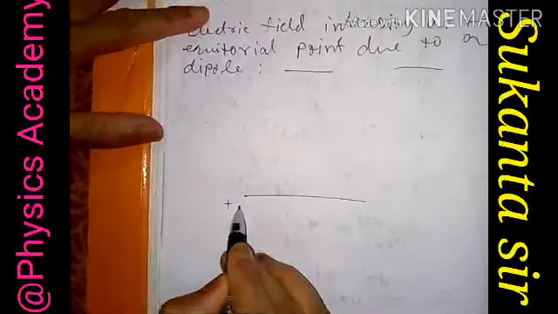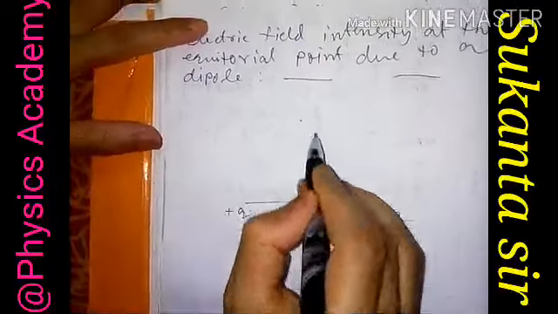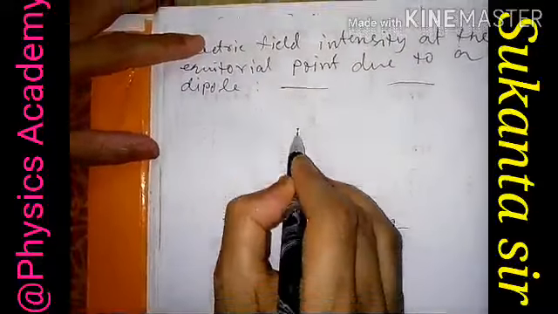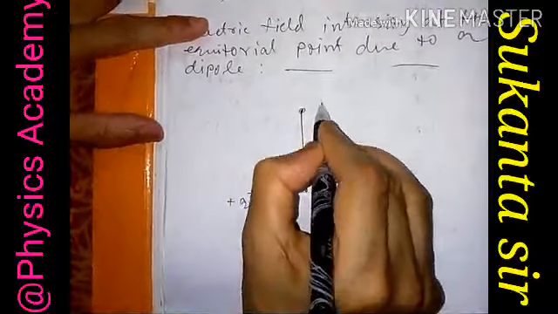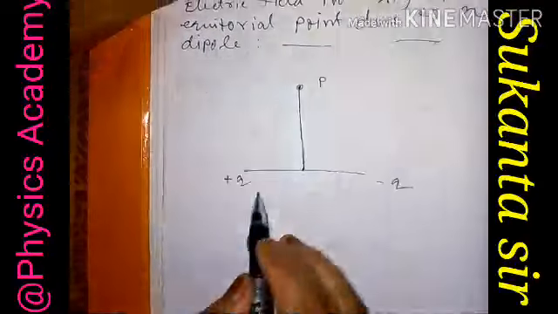Take a dipole, say plus q and minus q. This is the equatorial plane, the perpendicular bisector. At this point we take the point P. Here we have to calculate the electric field intensity.